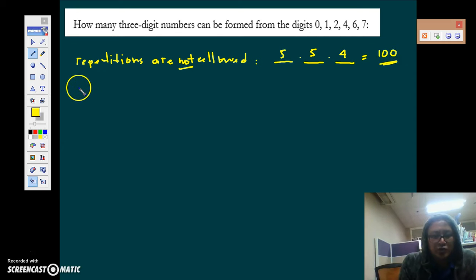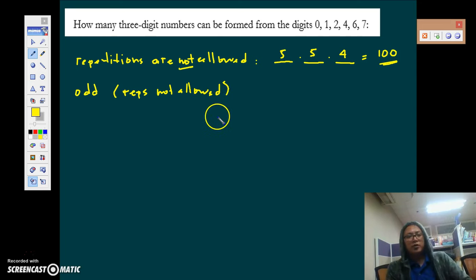Now let's have an additional condition. What if we are asked to find a 3-digit odd number? Again, repetitions are not allowed. So how many ways can we form a 3-digit odd number from these same 6 digits?